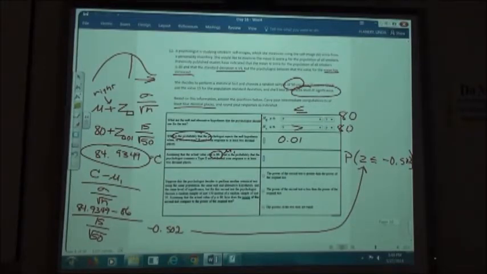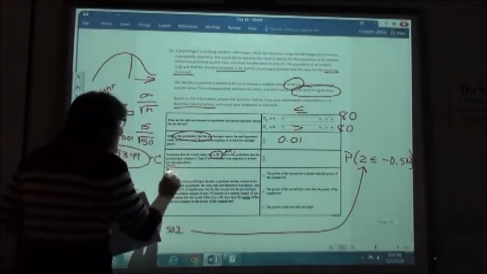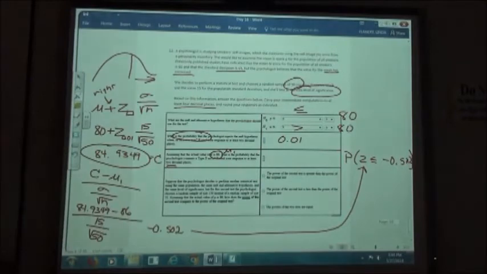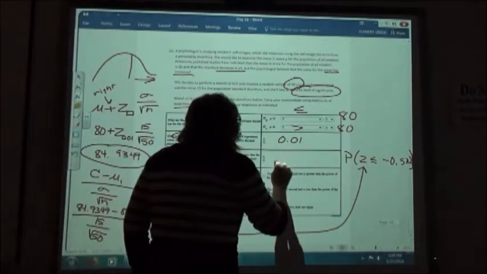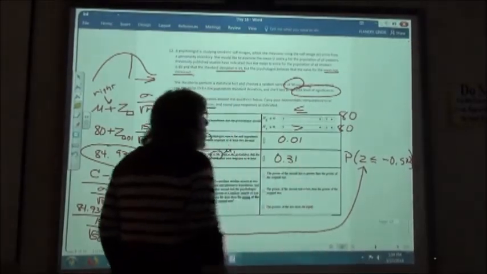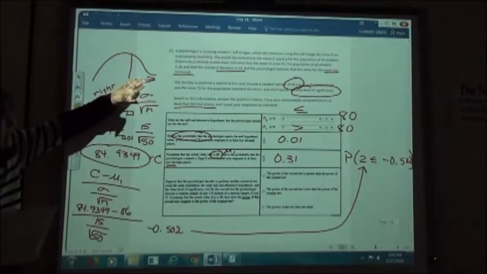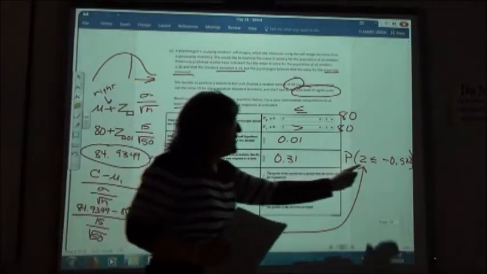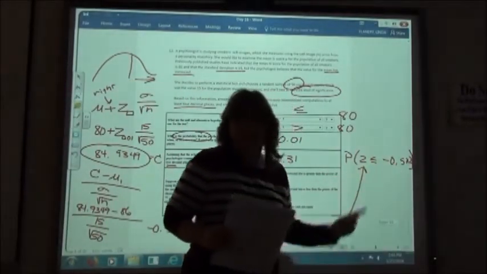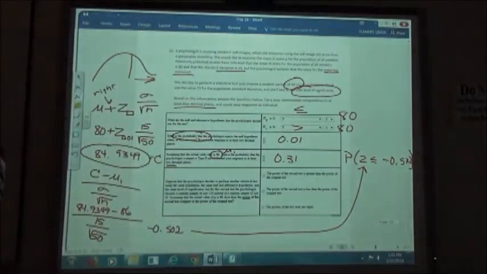Equals. And this we are rounding off to 2 decimal places. To 2 decimal places we get 0.31. Now on this one, even though we were testing to the right, because this was negative, it was doing to the left, and the numbers should end up matching like when we did the 2-tailed test. That's why we didn't have to do the 1 minus on that one because of the negative.